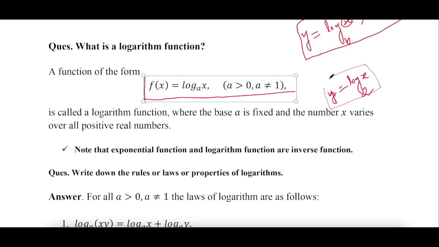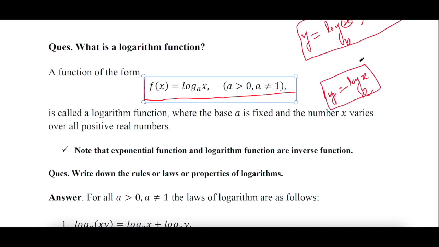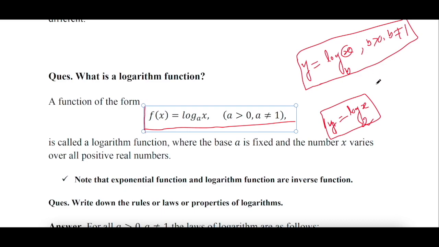This is a logarithmic function, y equals log x to the base 2, and the corresponding exponential function is y equals 2 to the power x. So y equals 2 to the power x is the exponential function, and the corresponding logarithmic relation is x equals 2 to the power y.